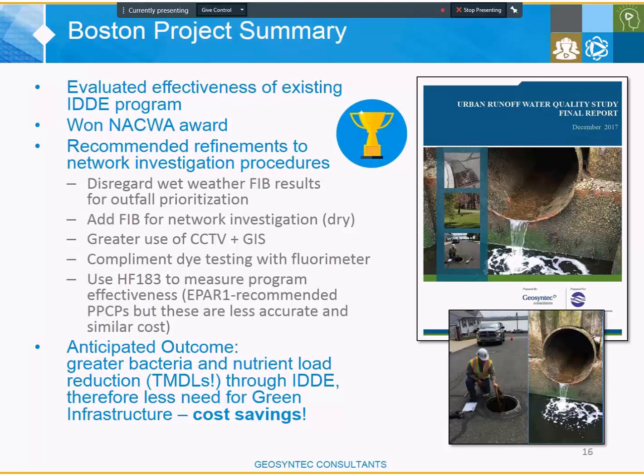So that means they can now expect to yield a lot more phosphorus and bacteria reduction through enhancements to their IDDE program and comply with TMDLs using less green infrastructure and save costs. So in that regard, it's actually very positive news.